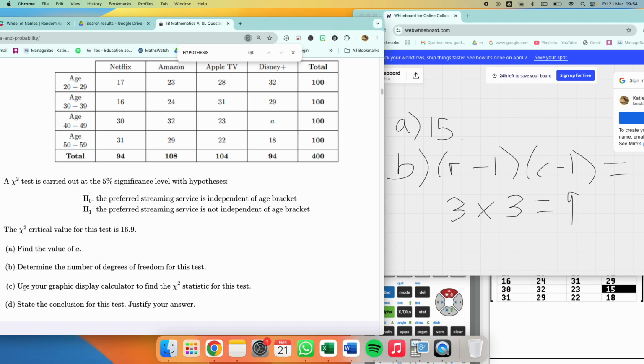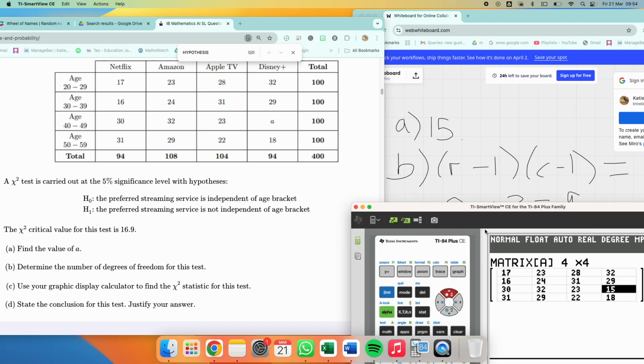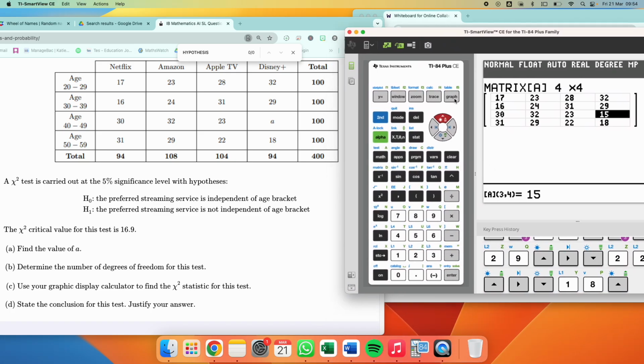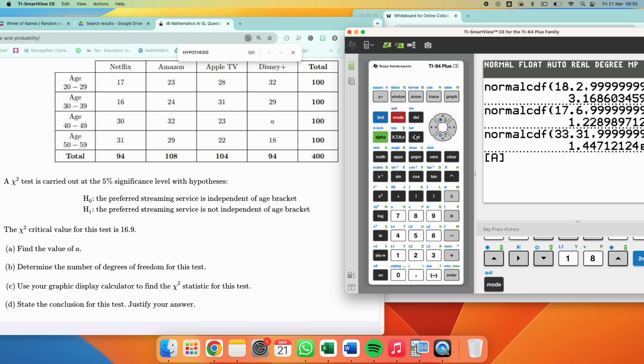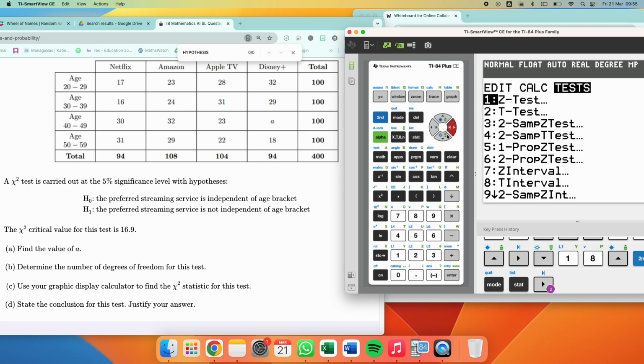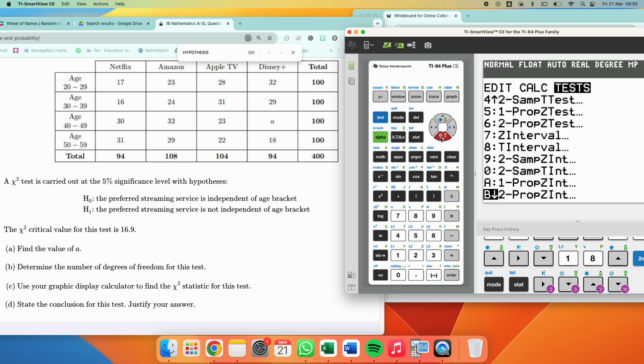Then question C, use your graphic display calculator to find the chi-squared statistic. Please note it's chi, not chi. I often say it wrong. Then we're going to go on to the stat menu. We're going to go across to tests. We've done so far 2 sample t-tests. We need to go over to the chi-squared tests, and today we're doing the chi-squared test of independence.